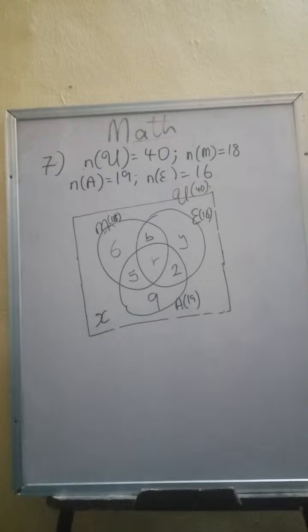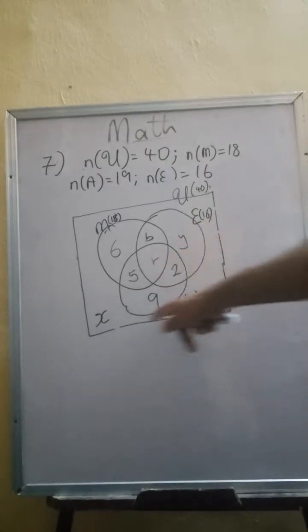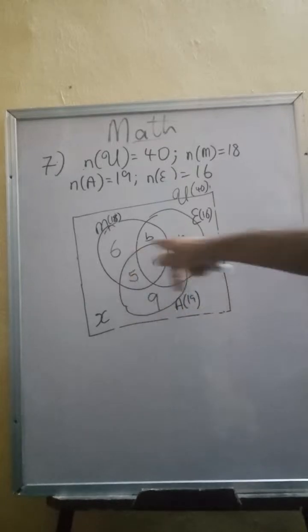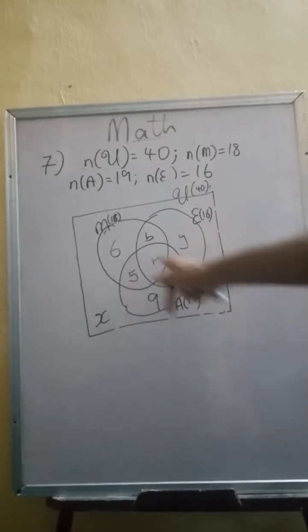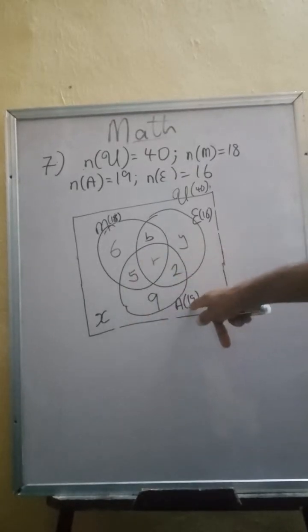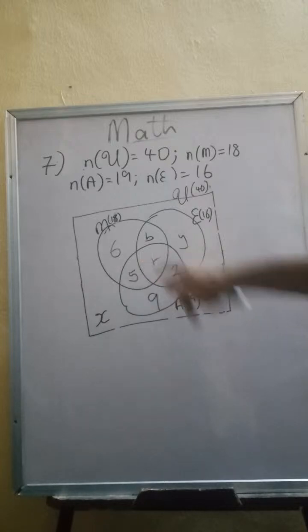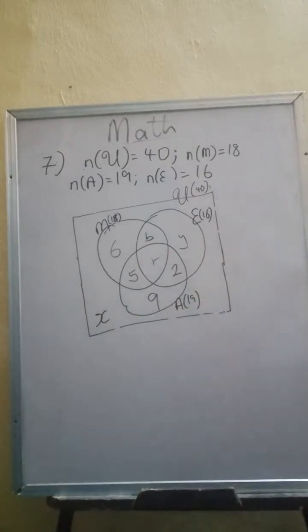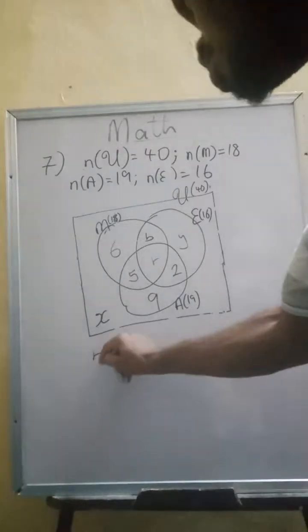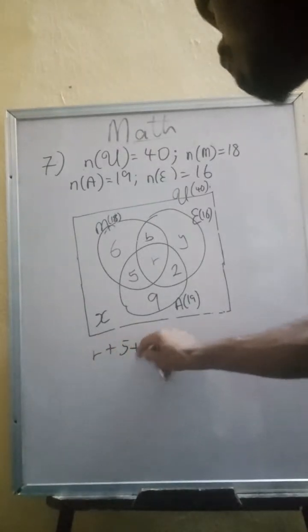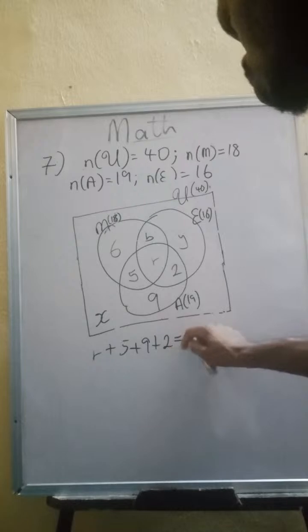If that's the case, we may want to start out with accounts to find R. Because if you check the circle, this circle entirely, though not perfect, is 19. So we're going to add everything here and equate it to 19 to find R. R plus 5 plus 9 plus 2 is 19.